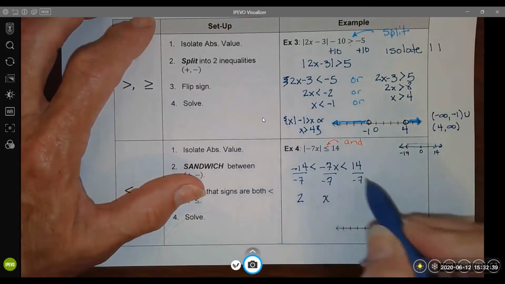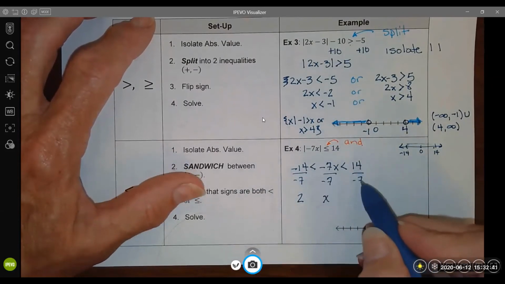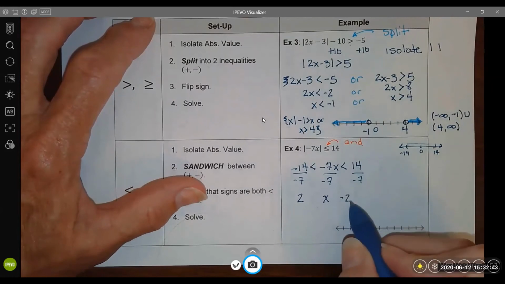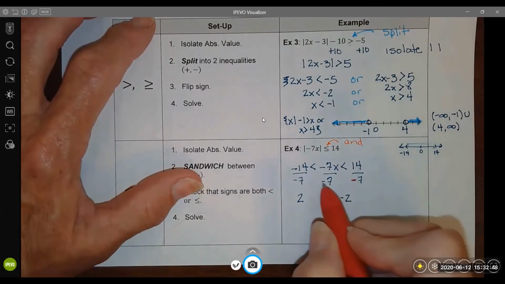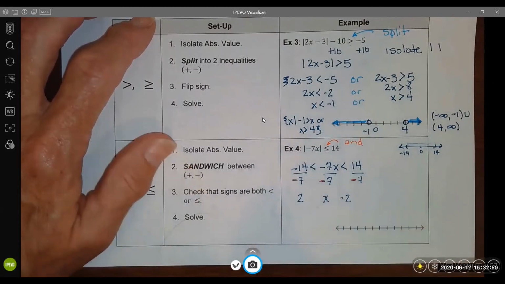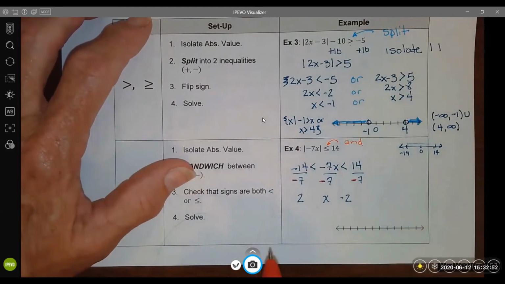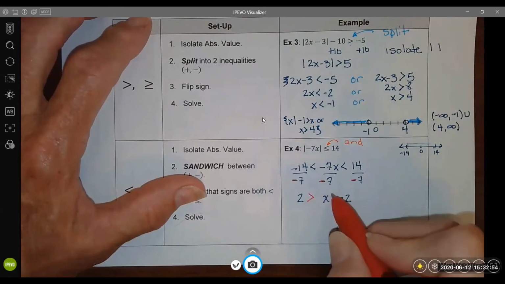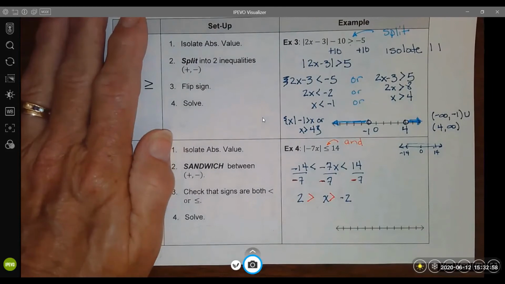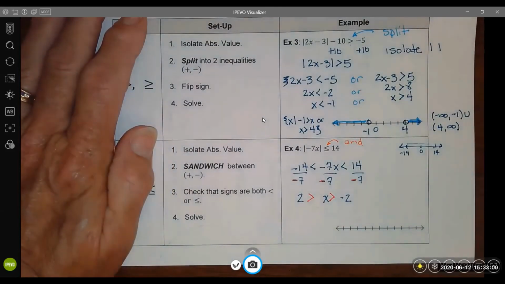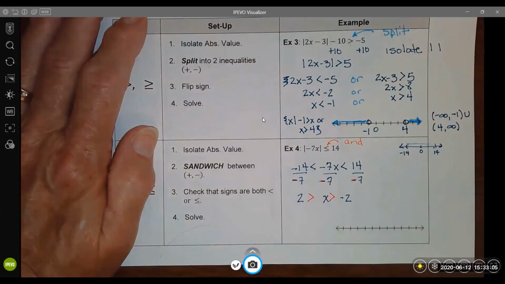I have my x, and positive 14 divided by negative 7 is a negative 2. You'll notice I didn't put in my symbols. That's because I'm remembering that when I divide or multiply an inequality by a negative, I have to flip my signs. That is something that occasionally trips me up, and it might trip you up too. But just being cognizant of dividing by negatives, multiplying by negatives can help that process.